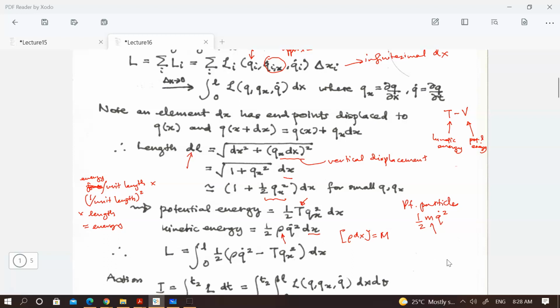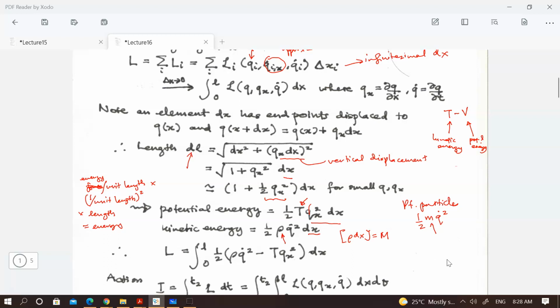So we just accept that it multiplies this term that gives you the vertical displacement, multiplied with this t, which we call tension, in order to get your dimension of energy. Once you do that, then this can be thought of as your potential energy.